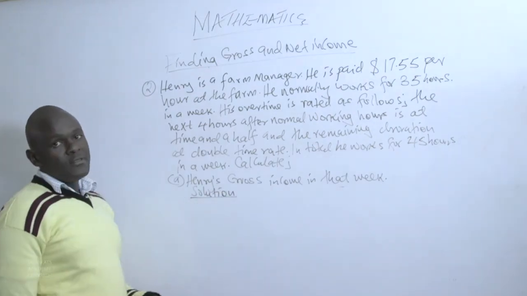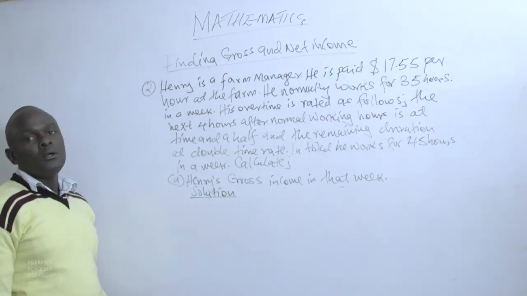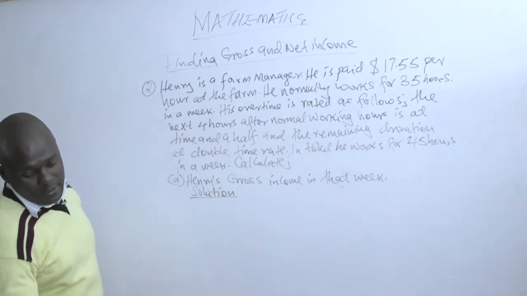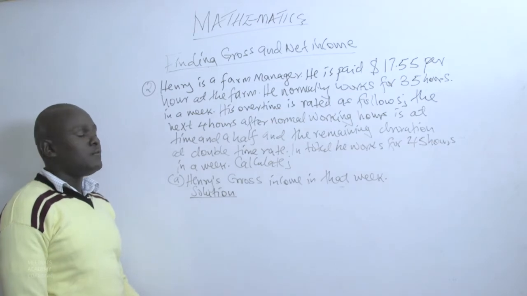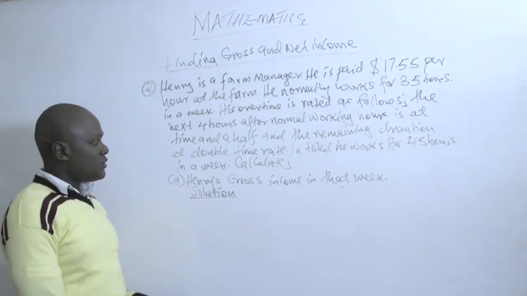And as I've said in the first example, for us to get the gross income, we need to calculate the income under the various categories or under the various rates that are stipulated in this particular question.